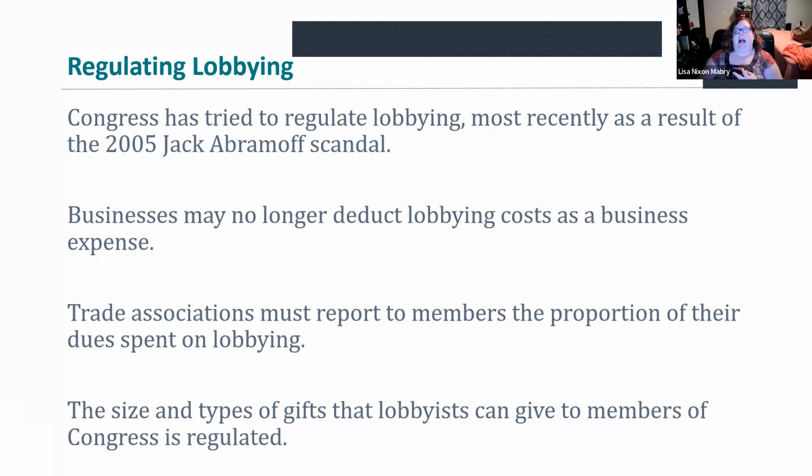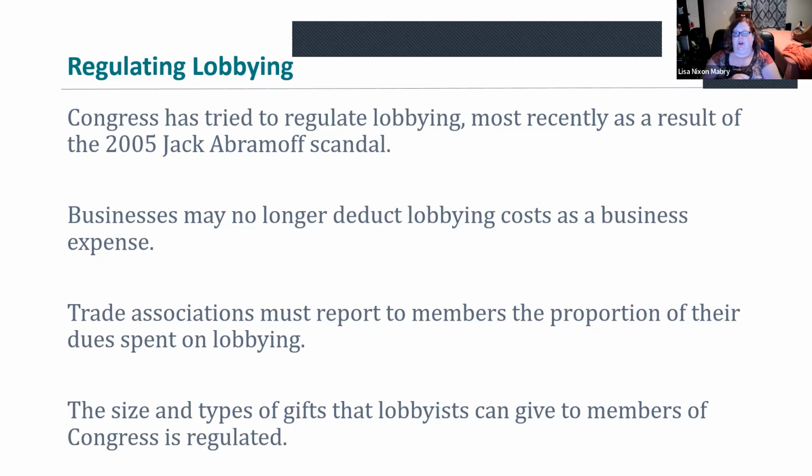As a result, some new regulations were implemented, including that businesses can no longer deduct lobbying costs as a business expense. They have to actually report it properly as a lobbying expense. Trade associations have to report to members the portion of their dues that is actually spent on lobbying. They can't bury it in their reports. And the size and types of gifts are also limited.